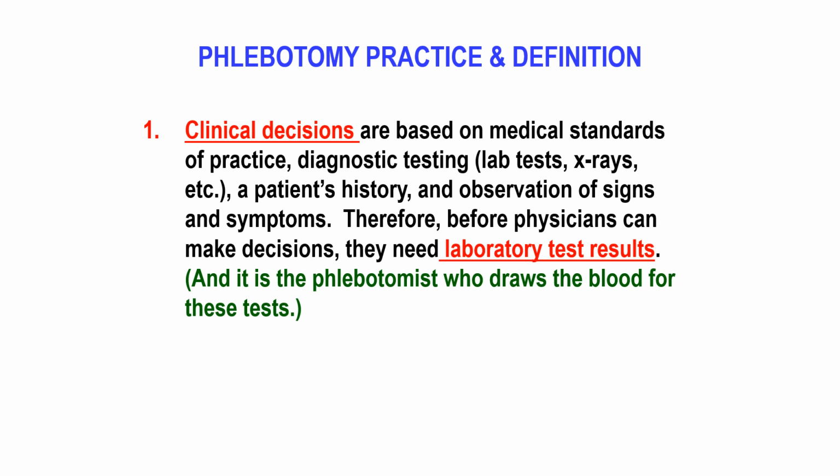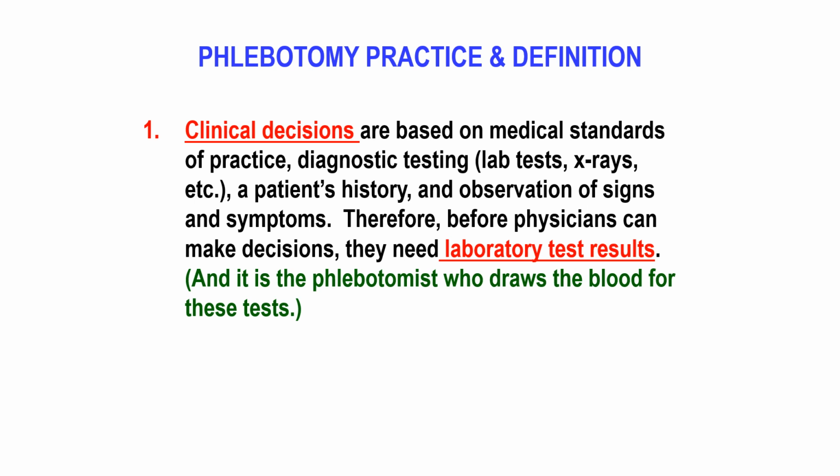Okay? They put all of those things together and they use that to make what we refer to as a clinical decision about what is possibly wrong with their patient or what is wrong with their patient. Therefore, before physicians can make decisions, they need laboratory test results. And it is the phlebotomist who draws the blood for these tests.